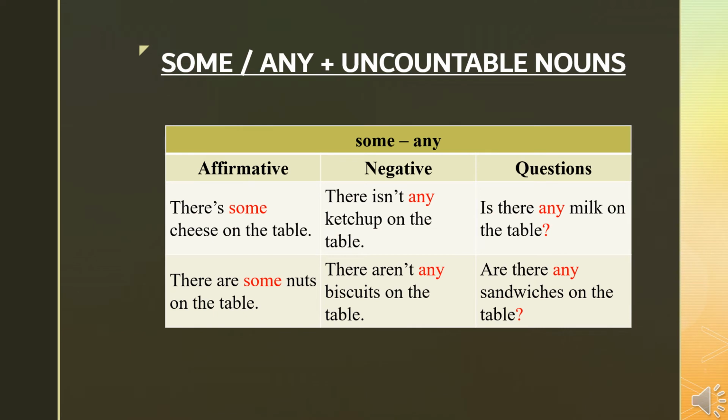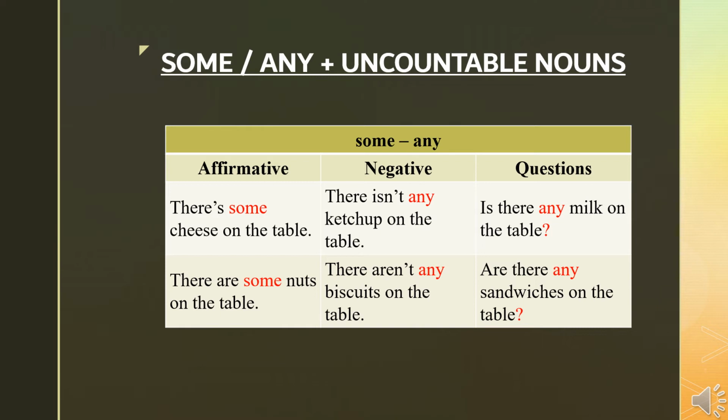Next is some or any plus uncountable nouns. Also the same, we use some for positive sentences and any for negative sentences. For example, there is some cheese on the table. And for the negative one, there is not any ketchup on the table.